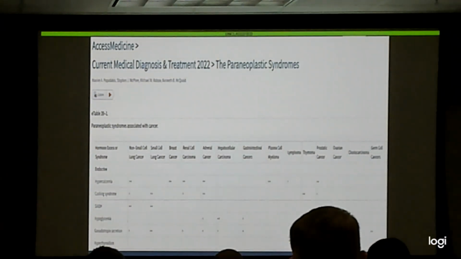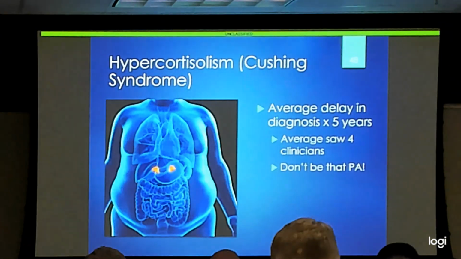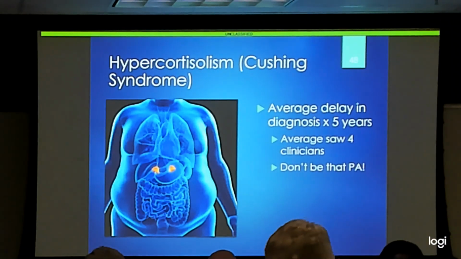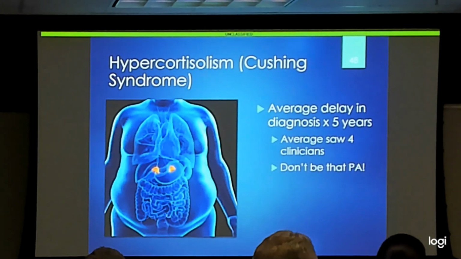Don't worry about that. I mean, it's kind of useful if you like looking at charts. I don't, but, okay. So hypercortisolism, also known as Cushing syndrome, they go together. There's a delay in diagnosis by 5 or more years. Again, I don't want you to delay diagnosis with acromegaly. Same with Cushing disease, the same as syndrome. And same with Cushing syndrome overall.